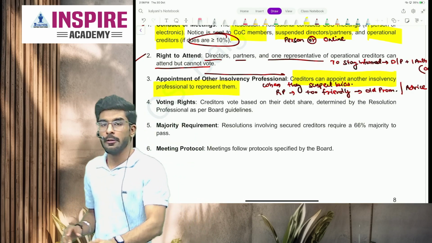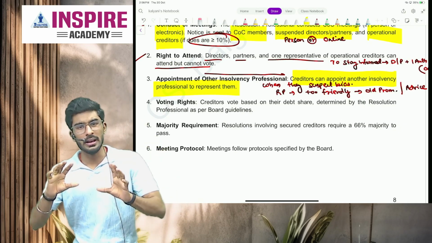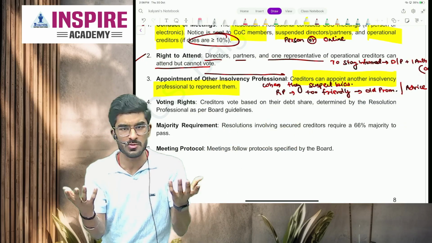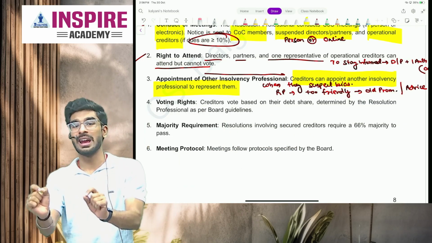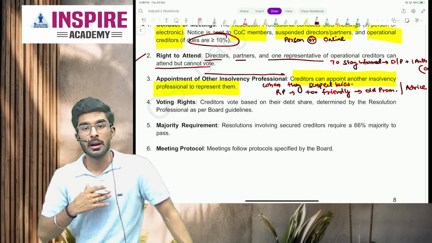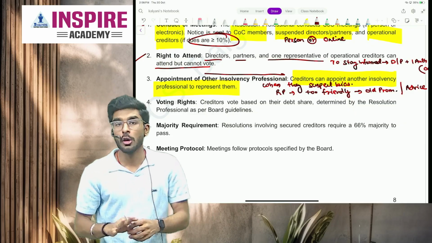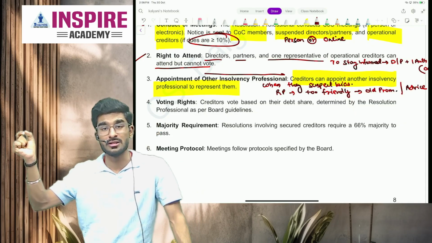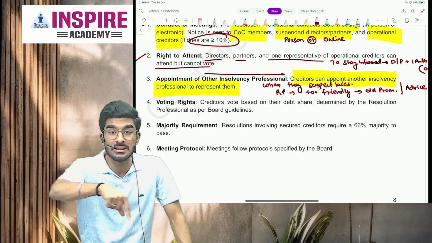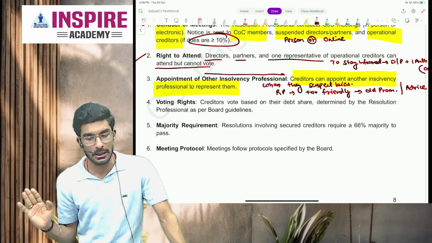If the committee of creditors thinks that the resolution professional is very friendly with the corporate debtor's management and is only taking the side of the corporate debtor's management, then they might not feel secure. So they will appoint another insolvency professional to represent the committee of creditors so that no bias can take place.